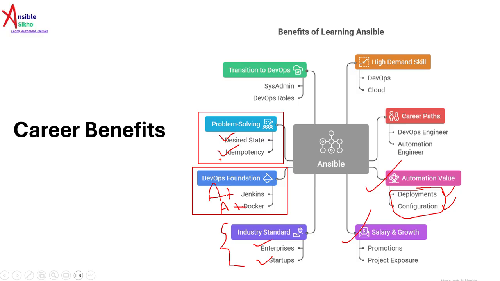Then transition to DevOps: if you are working as a technical helpdesk engineer, support engineer, DB engineer, Wintel or VMware engineer, you will have a high chance to convert your role to DevOps or automation engineer after doing this course.